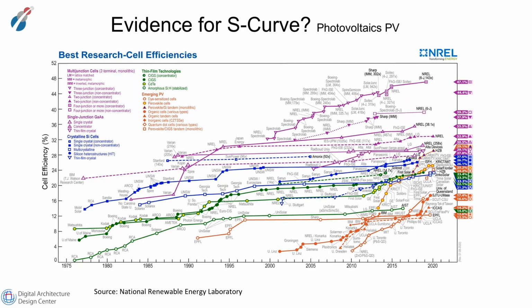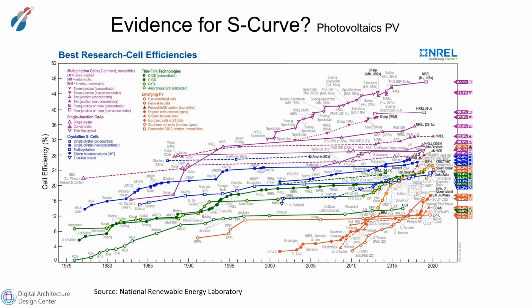Japan is very active in this field. And you see that for the multi-junction cells and the silicon cells in particular, we have periods of progress and periods of saturation, but the real S-curves are not as smooth and clean as the theory suggests.